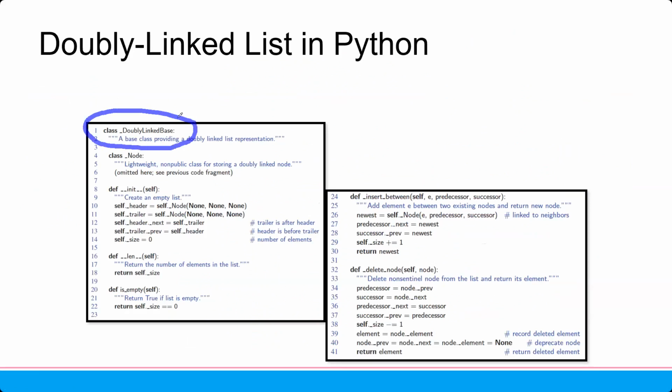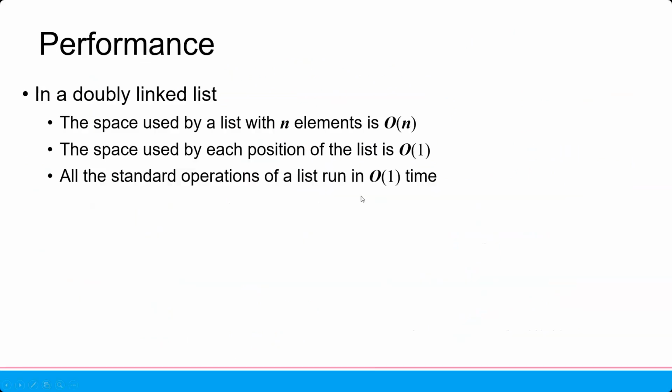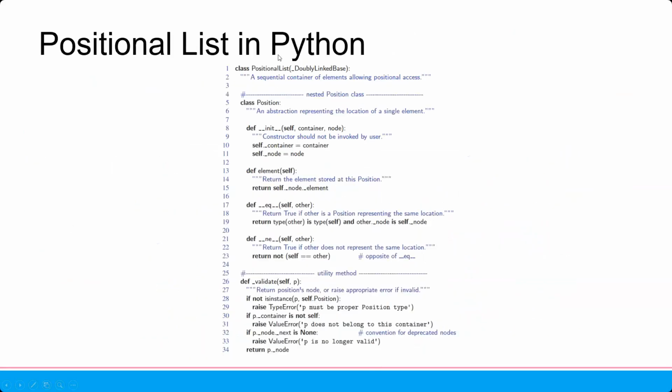This is the class doubly link base. And then all these properties are now inherited into this positional list.